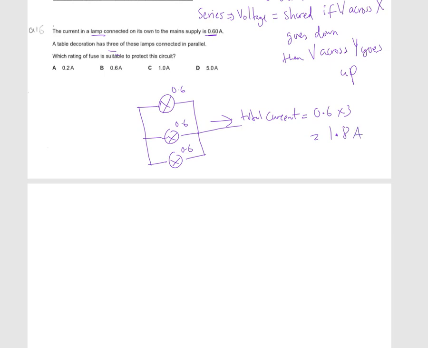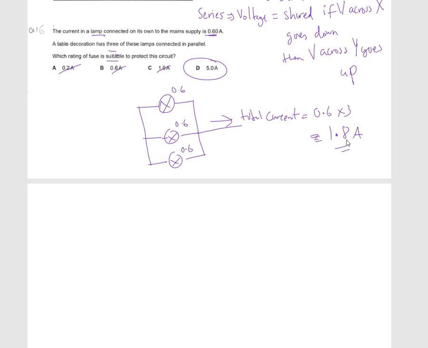Now we want the fuse to be able to take this much current. If the fuse is below this, then the fuse is going to blow and the circuit will stop. So which one is suitable? It can't be this one, can't be this one, can't be this one. Therefore, it has to be D in this case, because D is the only one able to support this.